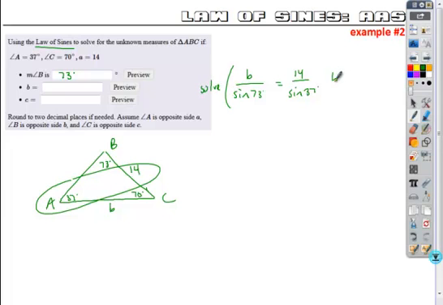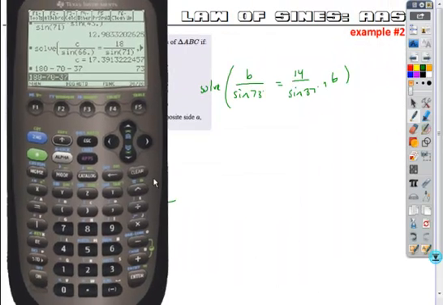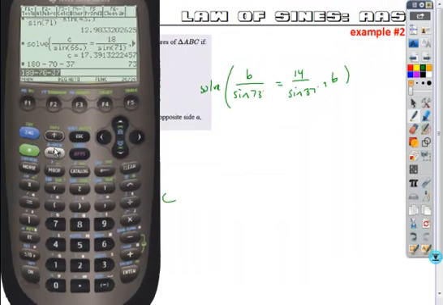So we can use the solve feature if we want to set this up. Again, this time I'll use the solve feature first. So I'm going to enter my equation, solve. I'm just going to use x this time. So x divided by the sine of 73. I'll put a decimal in there, so my answer is displayed as a decimal, is equal to 14 divided by the sine of 37.